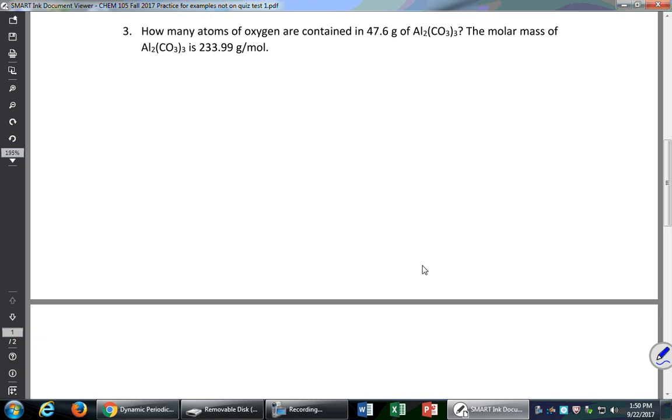And I don't need it here. I'm not doing anything with that. But what I do know is that 1 mole Al2(CO3)3 is equal to 233.99 grams of Al2(CO3)3.